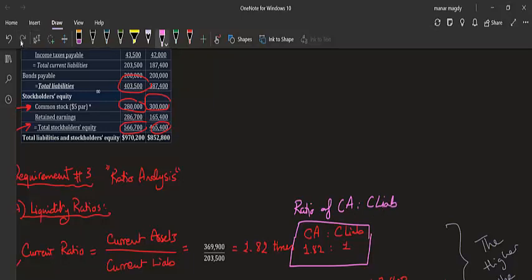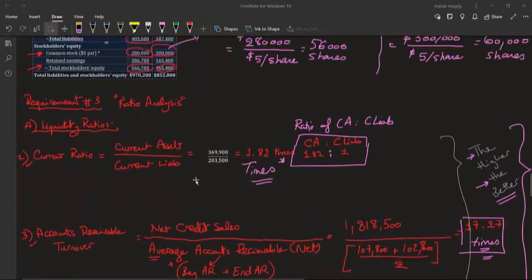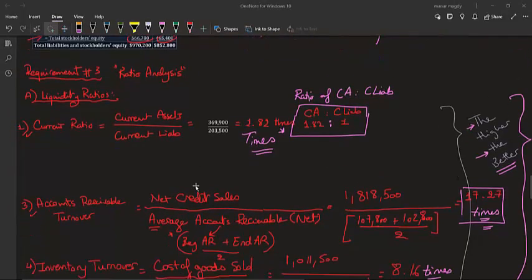As we can see here, it is 1.82, so we said that the ratio is 1.82 towards 1. يعني for each $1 of current liability it is met by 1.82 of current assets. أو another interpretation بمعنى times، يعني for each 1 unit من ال current liabilities is met by 1.82 times أو 1.82 units من ال current assets. So for each 1 unit of current liabilities equals to 1.82 times of current assets. تمام.